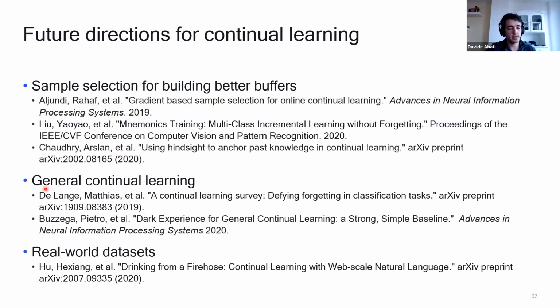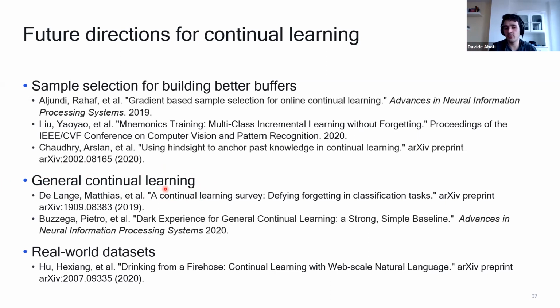The second is about general continual learning. General continual learning is a keyword that identifies continual learning with fewer assumptions during training. So we relaxed an assumption during test from task incremental to class incremental. But for instance, our model still needs task boundaries during training, because you have to instantiate a new gating module, a new head.